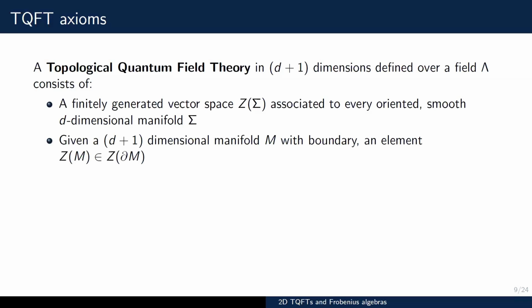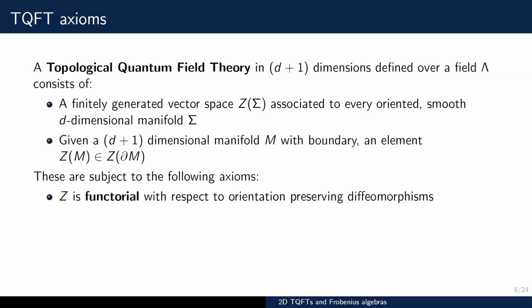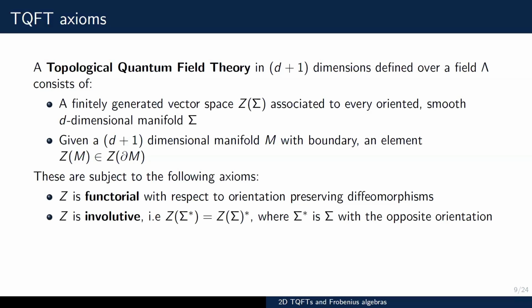Now these two objects are subject to some axioms. First is that this map Z, which associates vector spaces and their elements to these manifolds, is functorial with respect to orientation-preserving diffeomorphisms. Thus, a diffeomorphism between manifolds will give us an isomorphism of vector spaces, and so forth.